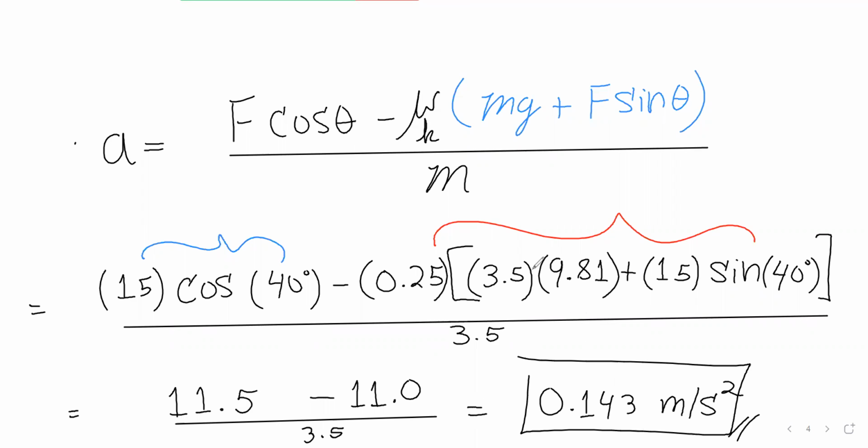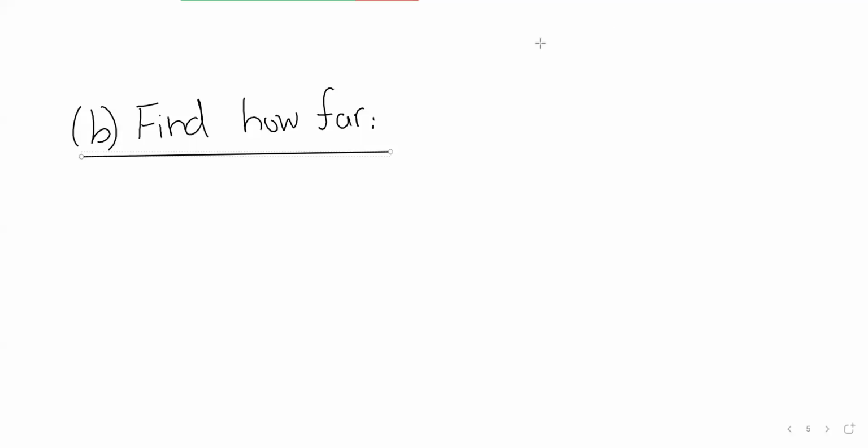So that's how you approach a Newton's second law problem. And finally, part B is just a brief extension to this. Find how far the block moved. Okay, well, that's just the distance x. So I apply one of our kinematic equations. Let's look back.